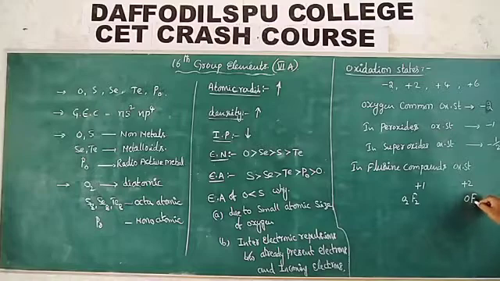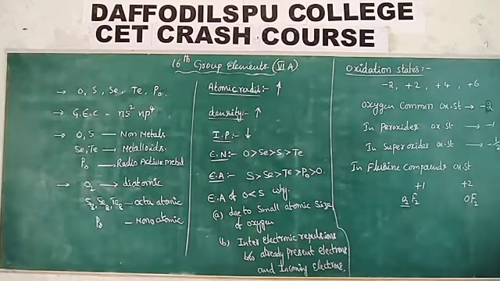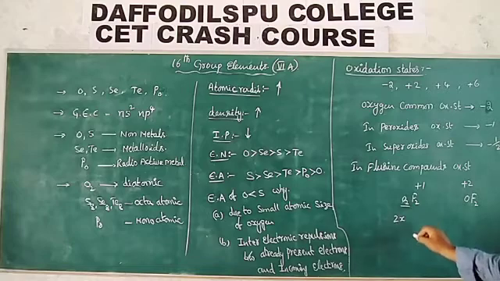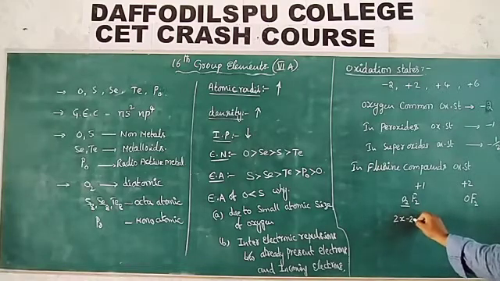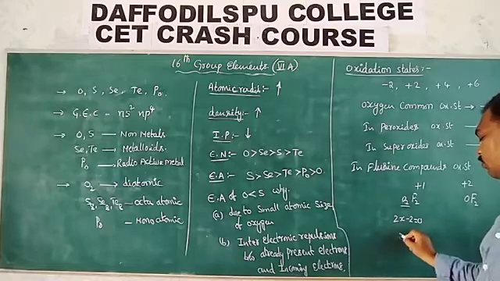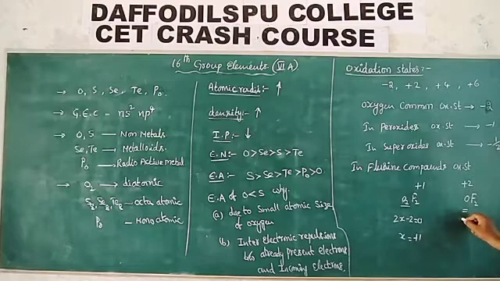In OF2, the oxidation state is +2. Look at this O2F2. We need the oxidation state, so this becomes 2x. Each fluorine oxidation state is -1, so 2x minus 2 is equal to 0, x is equal to +1. Here in OF2, the oxygen state is x minus 2 equal to 0, x is equal to +2.